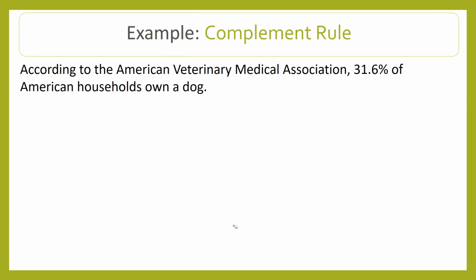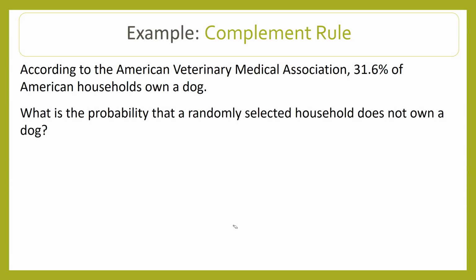All right, so let's quickly take an example here also. According to the American Veterinary Medical Association, 31.6% of American households own a dog. What is the probability that a randomly selected household does not own a dog? Okay, so that is a complement to the event of a household owning a dog.